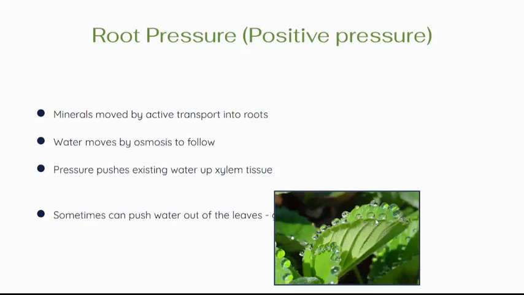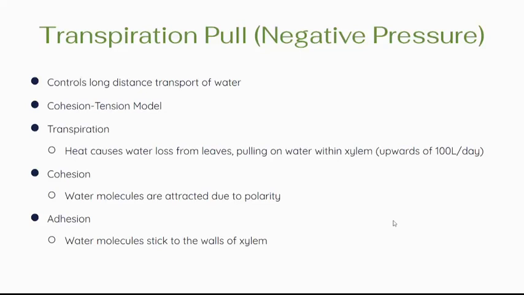Now when the water climbs into those leaves, the leaves will open their stomata, as you learned, and the water will fall out. That is called transpiration pull. This controls the long-distance movement of water because water's hydrogen bonds are incredibly strong. The cohesion-tension model is how we explain it, but you need to pretty much understand it.